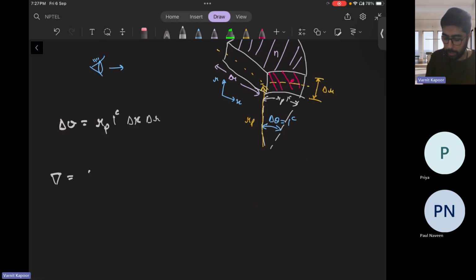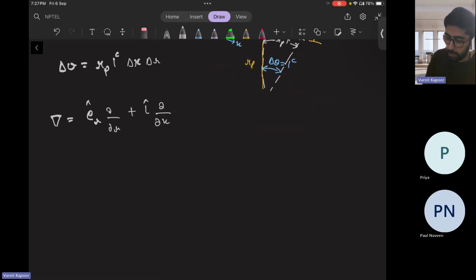How will you write the grad operator? The grad operator will look like ER dou by dou R in the radius direction, plus I dou by dou X in the I direction. Our equation is again the steady 1D diffusion equation, plus source term equal to 0.